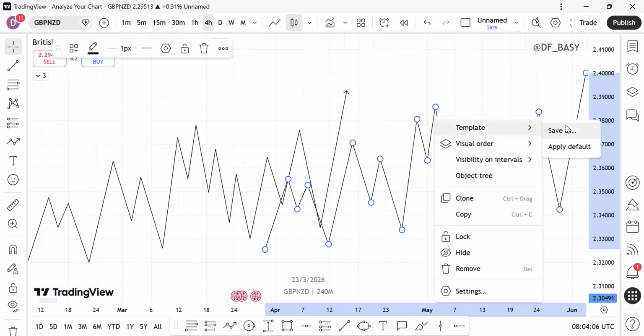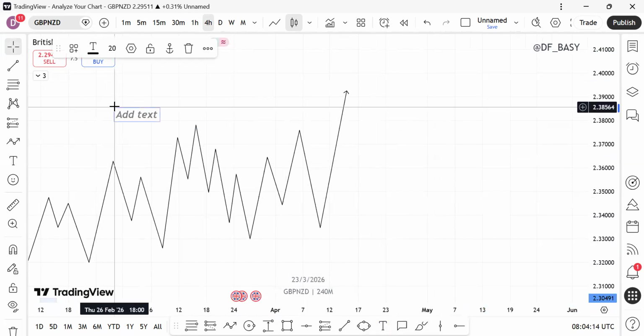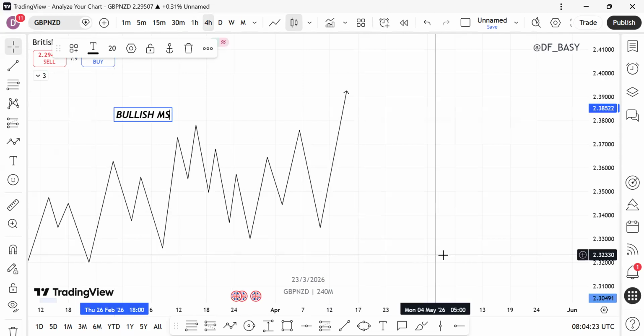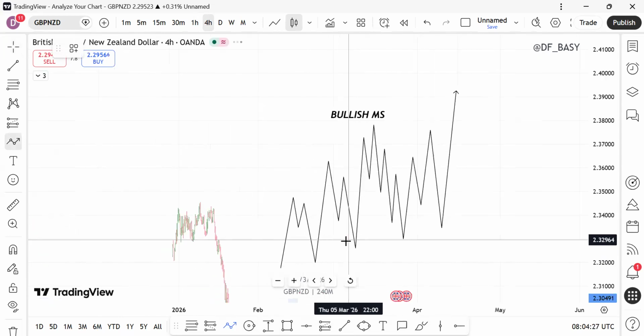Okay, there's no way I can flip that. So I'll take this as a bullish market structure. Let me say bullish MS, market structure. Then you have a bearish market structure over here.